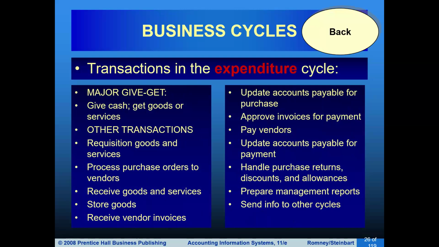Other transactions connected to the expenditure cycle: requisition goods and services, process purchase orders to vendors, receive goods and services, store goods, receive vendor invoice, update accounts payable for purchases, approve invoice for payments, pay vendors, update accounts payable for payment, handle purchase returns, discounts and allowances, prepare management reports, and send information to other cycles. These transactions are related to the expenditure cycle, because you pay vendors and update payables, right?